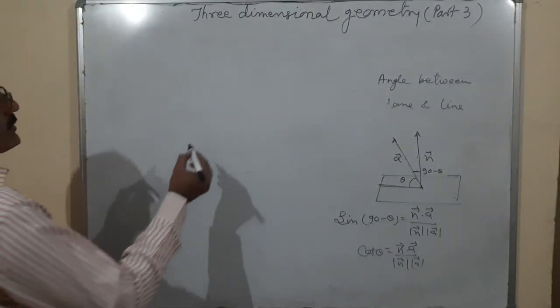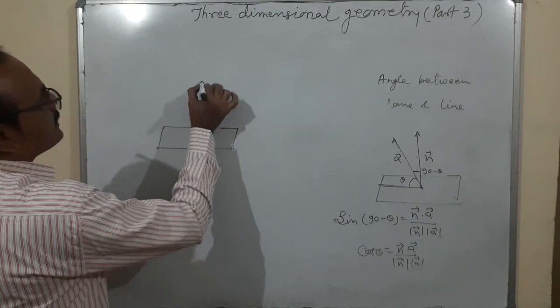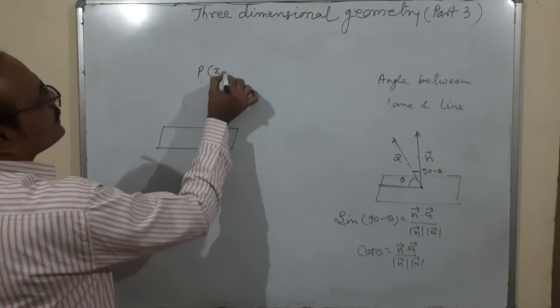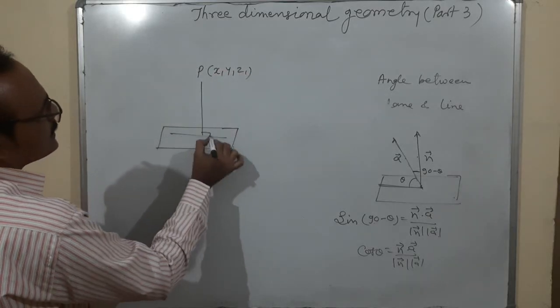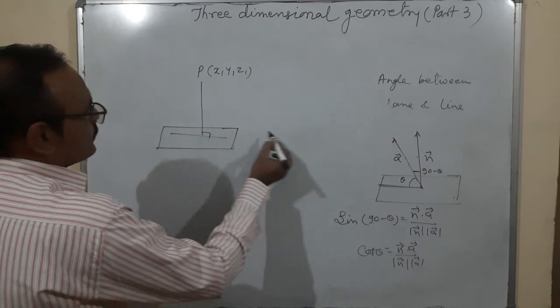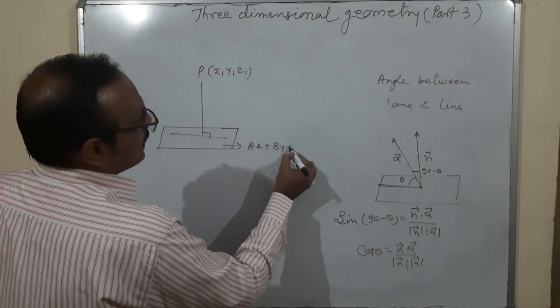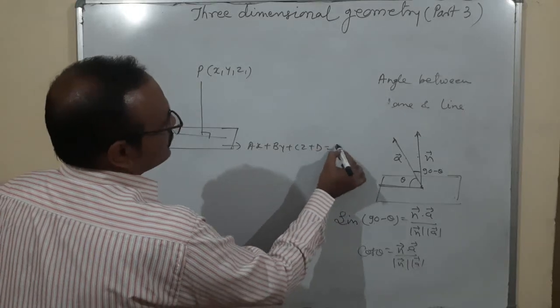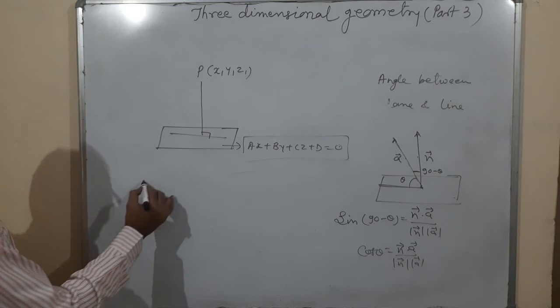The same thing for 3D. Suppose that is the plane and this is the point P, x1, y1, z1, and you are going to find the distance. Distance is always perpendicular. Suppose the equation of the plane is ax plus by plus cz plus d is equal to 0, and we are going to find the distance.